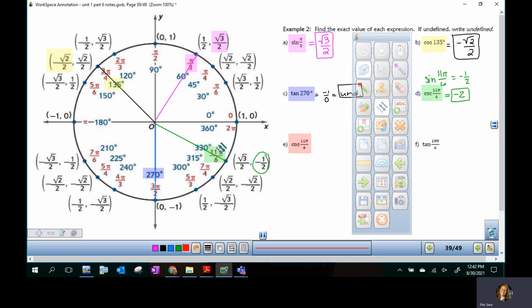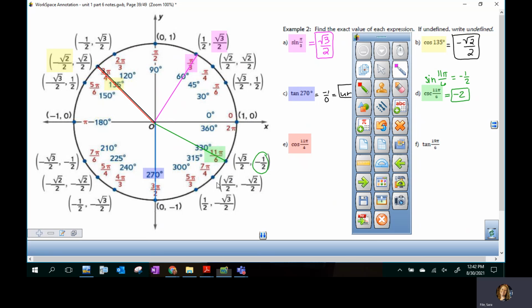So that means I have to spiral around to get to it. So think about a full circle in fourths would be 8, right? So I'm at 8 pi fourths if I go around a full circle, and I'm going to keep going. So I'm at 8, 9, 10, 11. So it's right there. At 3 pi fourths, that's coterminal.